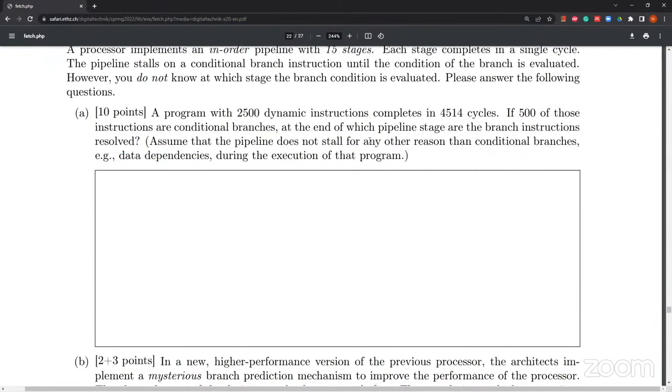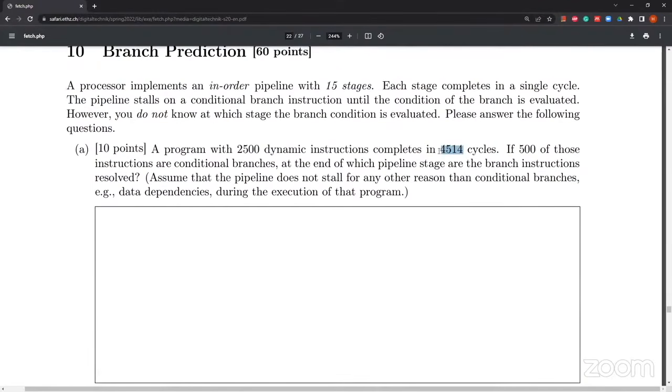Okay, so how do we calculate the cycles for a given program? We can calculate the total number of cycles with this simple formula. First is the number of pipeline stages. Assume you have only one instruction that you need to execute in this processor.